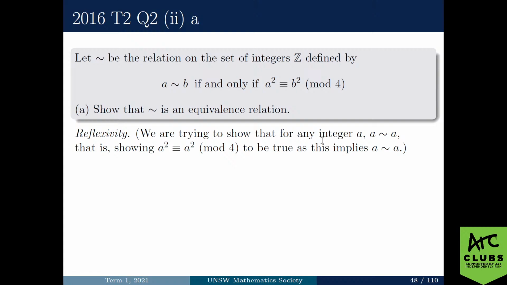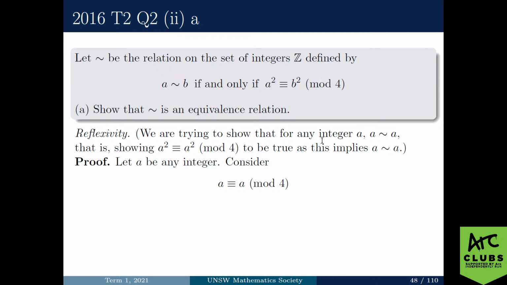Basically, that's reflexivity, right? So in this case, we just want to show that a squared is equivalent to a squared modulo 4, right? And if you just look at it, it's pretty easy. In an exam, what I like to do is start off with a universal truth. So in this case, I'd start off with a is equivalent to a in modulo 4, right? That's pretty universal, right?